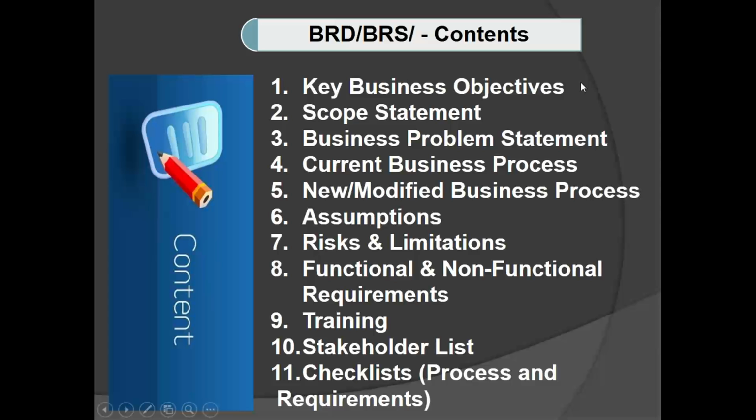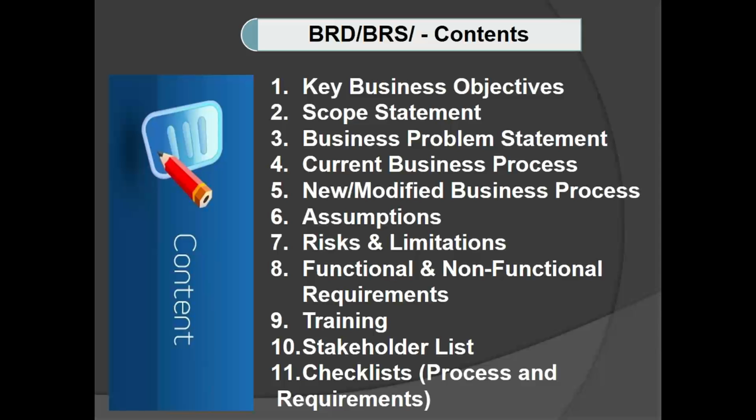In case if key business objectives are there, we are going to check. Suppose assumptions are not there, we are not going to check. So whatever we have checked, that information should be available in this document. Whatever we did not check, that information should not be available. Okay. So these are the different contents of BRD.